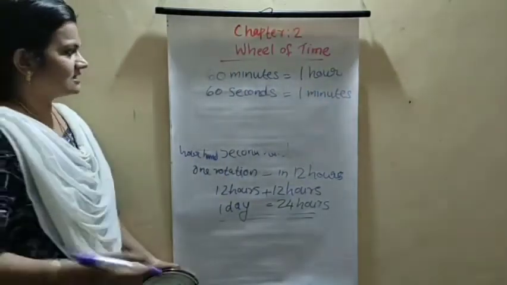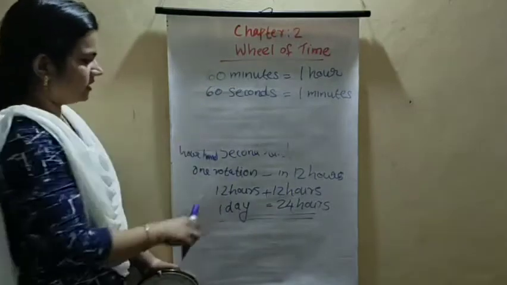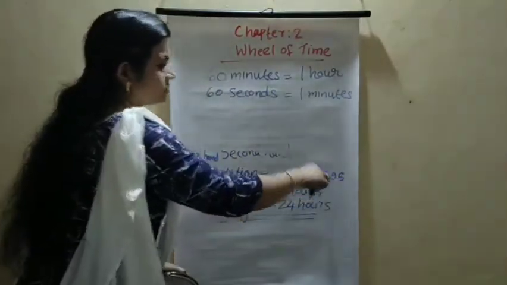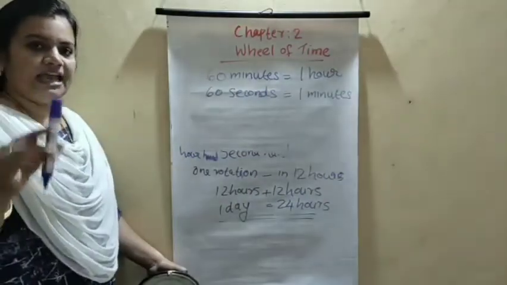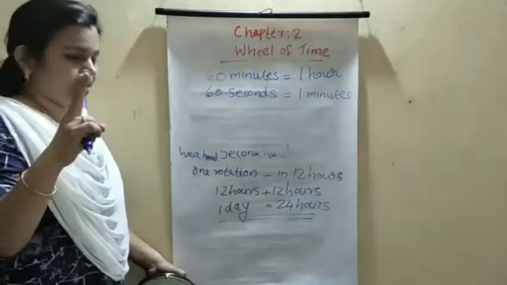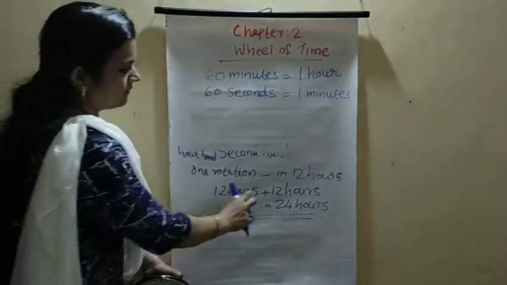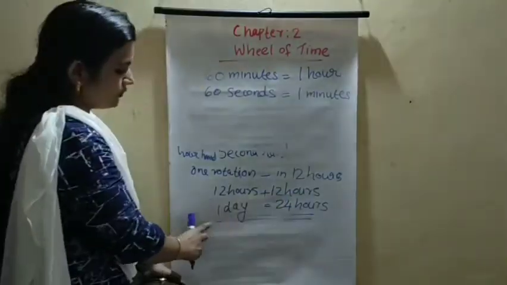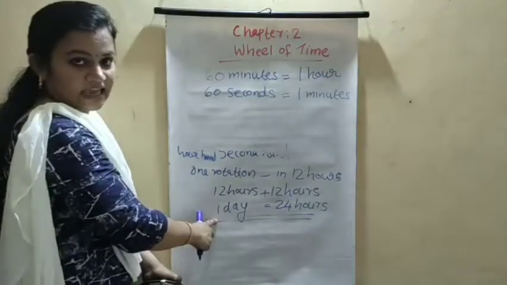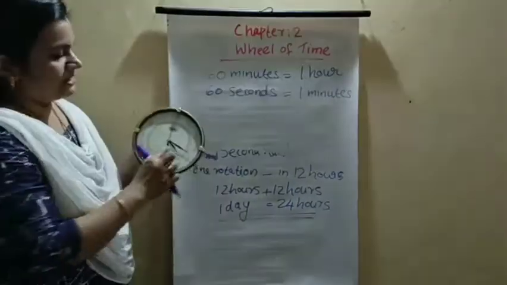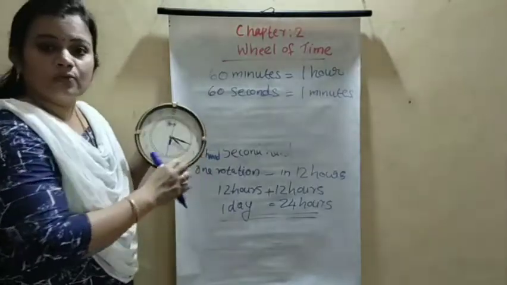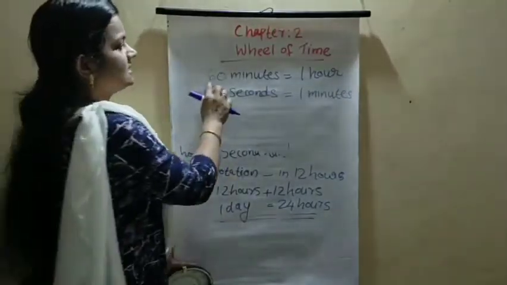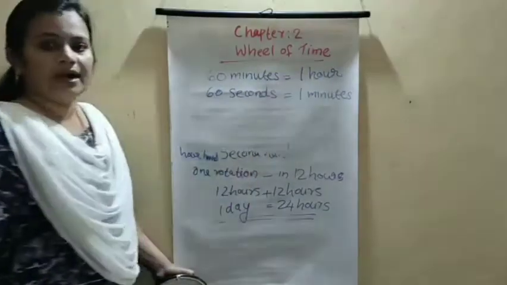Okay, understand? Then we have studied these 3 terms here. The hour hand completes one rotation in 12 hours, so in a day the hour hand completes 2 rotations. So we can write 12 hours plus 12 hours equals 24 hours. 24 hours make 1 day. Next, the minute hand completes one rotation in 60 minutes, so 60 minutes equals 1 hour.